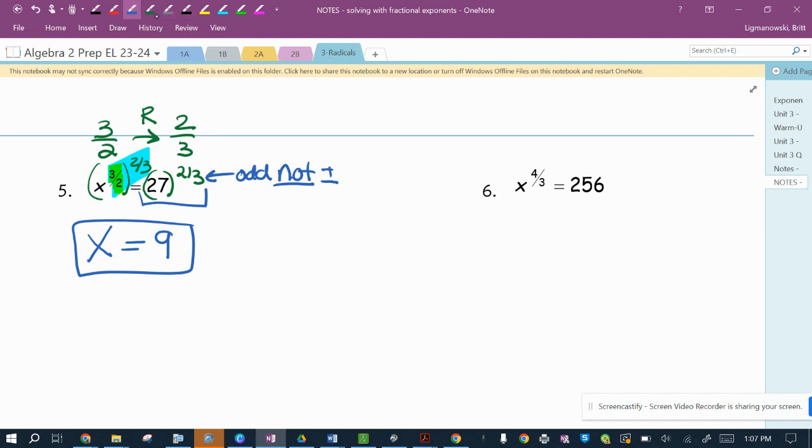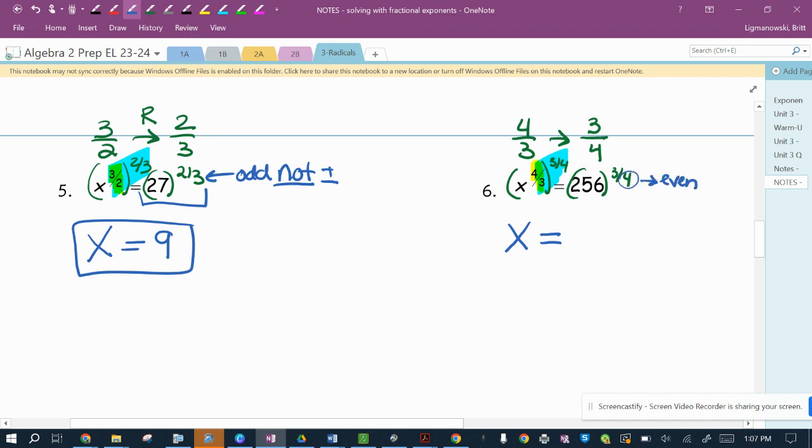All right, let's do over here. My power here is 4/3, or 4 over 3. So if I have 4 over 3, my reciprocal is 3 over 4, and those are going to cancel. So I'm left with just x. And again, this bottom number is even, so that means my answer is going to be positivo and negativo.